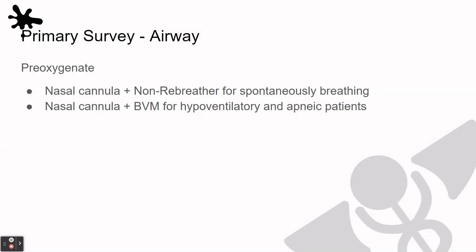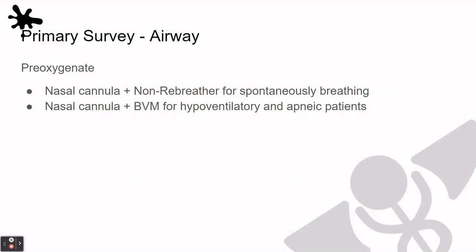Next, pre-oxygenate. This is a hard one to do because sometimes you just don't really have the time, right? So again, arguing for 2 oxygen setups, both of these have nasal cannulas in them. If they're spontaneously breathing, you can put a non-rebreather on them, and your goal should be trying to hit a couple of minutes, 3 minutes, 4 minutes even if you can, to denitrogenate their lung space and make as much room for oxygen as possible to give yourself that prolonged intubation time.